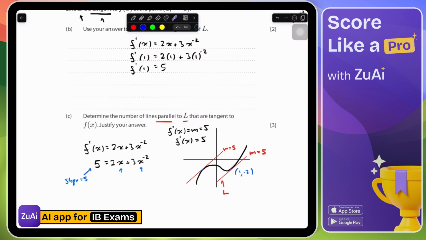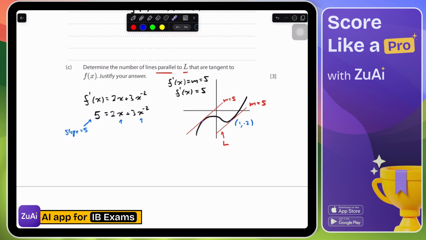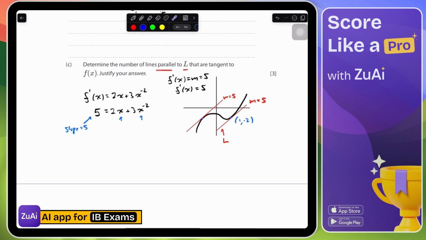So, determine the number of lines parallel to L that are tangent to f(x). Going back to the document here, we could say 3 lines, but we would usually want a little more process. If you have a graphical solution, it's best to provide at least a sketch. Just looking at the calculator screen, something like this, and then something like this, and we have another line just going through.